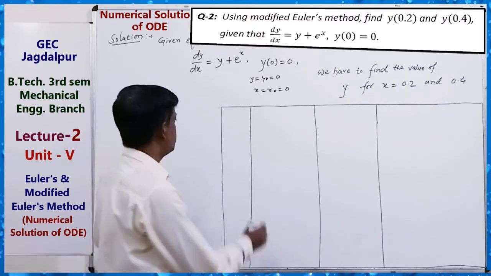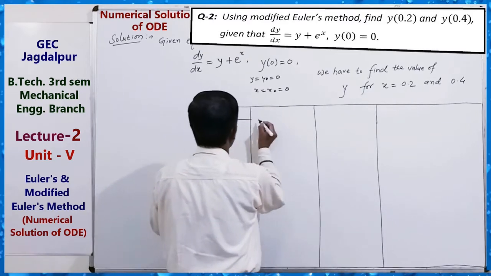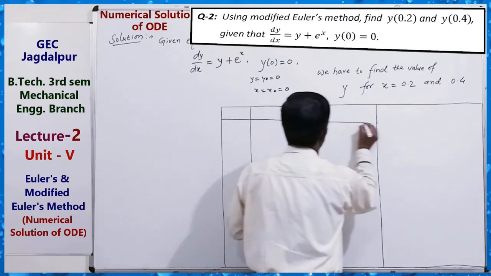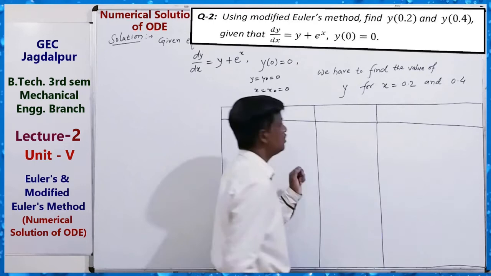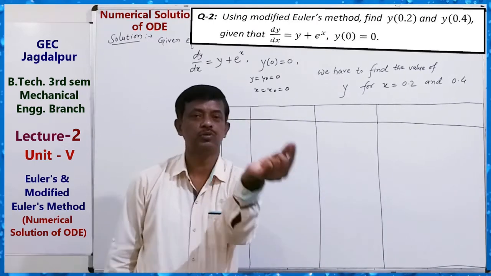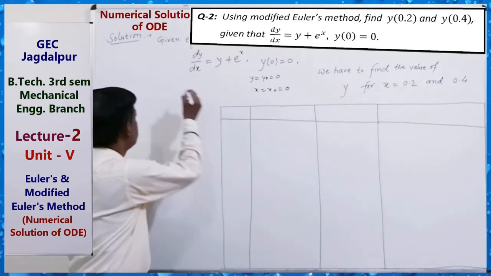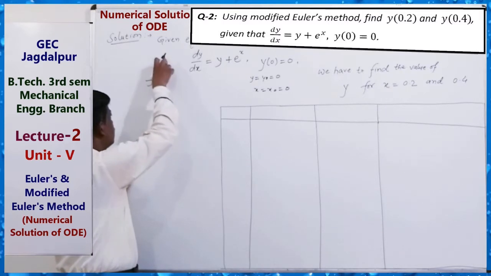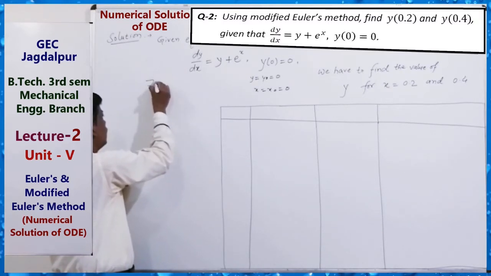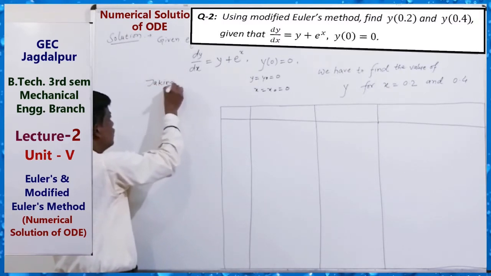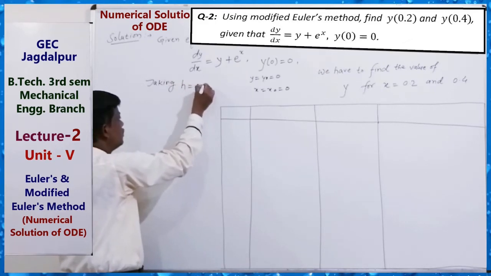So here our intervals are 0 to 0.2, 0.2 to 0.4, taking h equals 0.2.